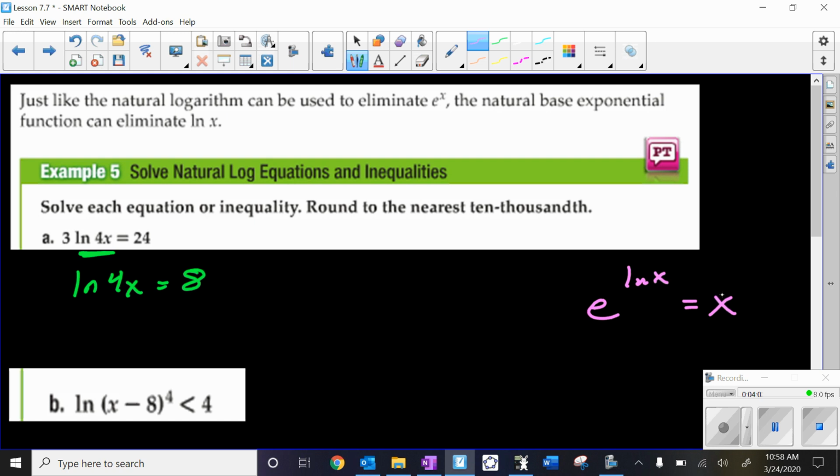I can do that. I can take and raise everything. I now have e. I'm making this the exponent. If I make natural log of 4x into the exponent, then I have to use the same base and raise 8 into the exponent. It's kind of going backwards from what we said before.